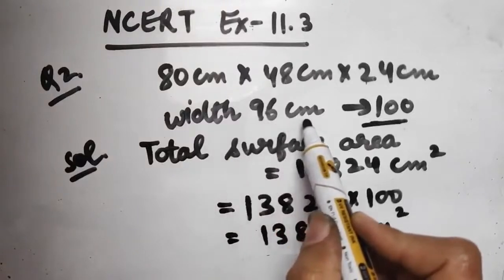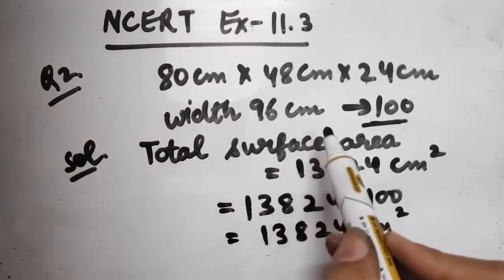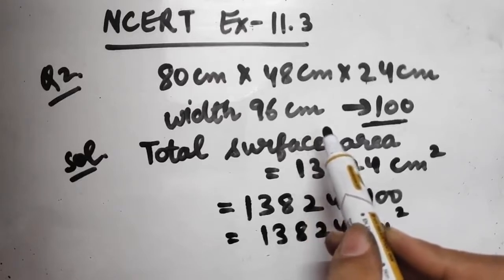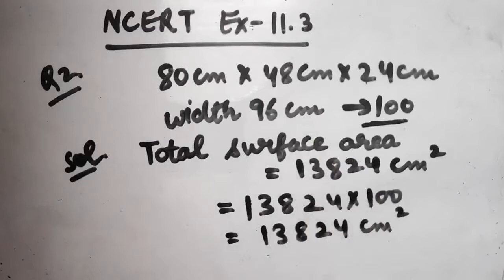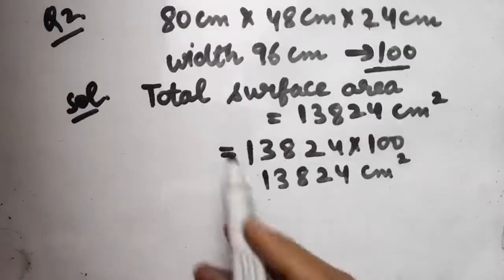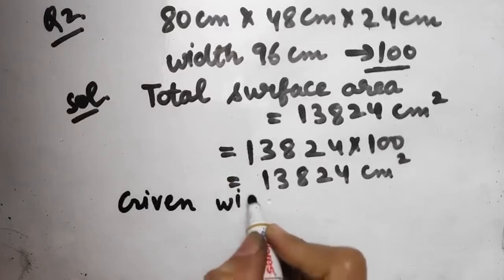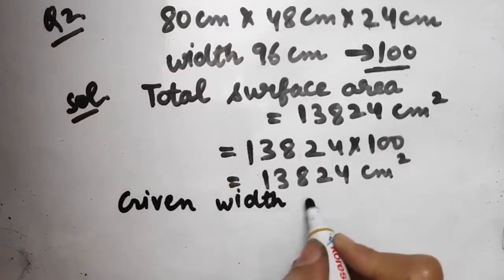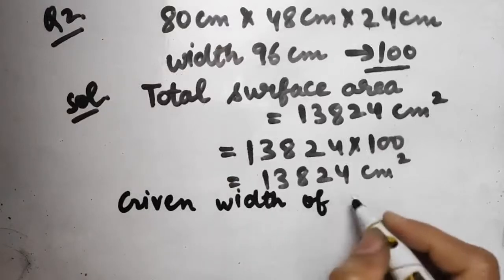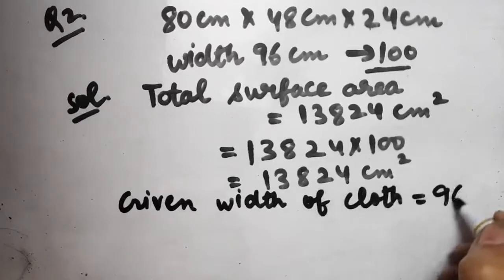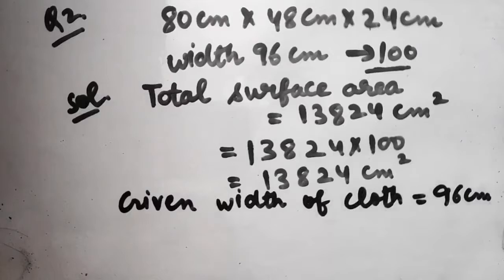Now the width of the cloth is given to us. We are supposed to find out how many meters of tarpaulin of width 96 centimeters is required to cover 100 such suitcases. So, given width of cloth is equal to 96 centimeters.